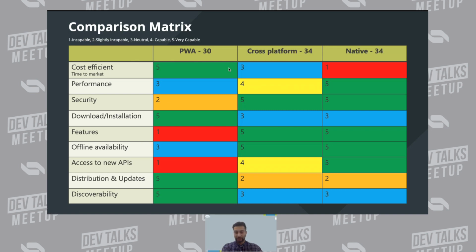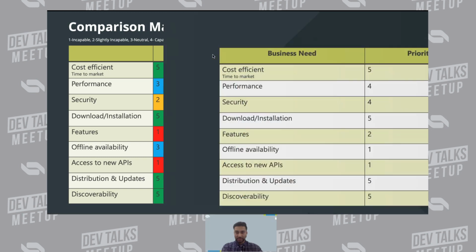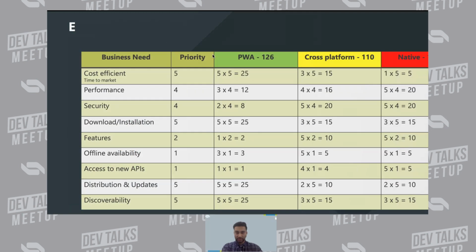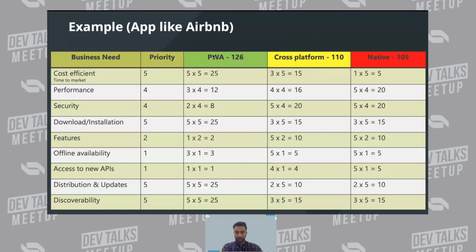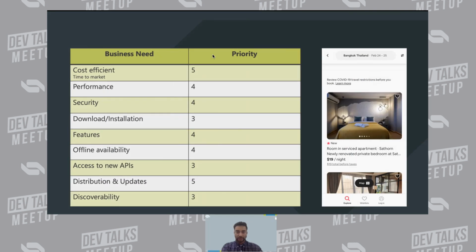We get new updates for cross-platform frameworks, for PWAs and native as well. Devices also change and improve. So these metrics should be updated or reconsidered before starting evaluation on any project or app.